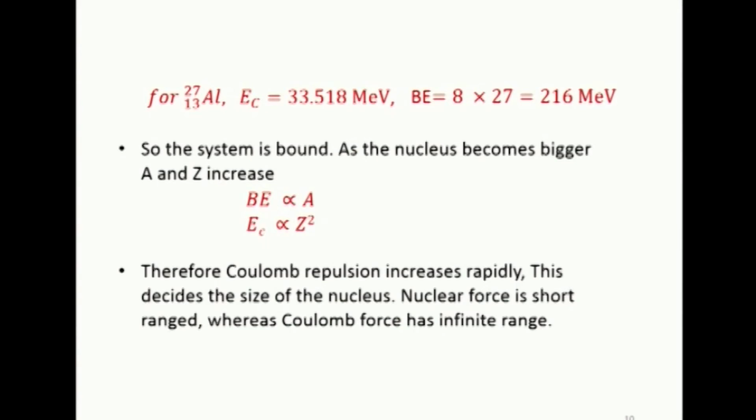If both are equal, it becomes unstable, and fission can occur. If the Coulomb energy becomes larger, they will separate with large force and large energy. For aluminum, the Coulomb repulsive energy is about 33 MeV and the binding energy is 216 MeV. Therefore it is held together, because the attractive binding energy is larger than the repulsive energy.